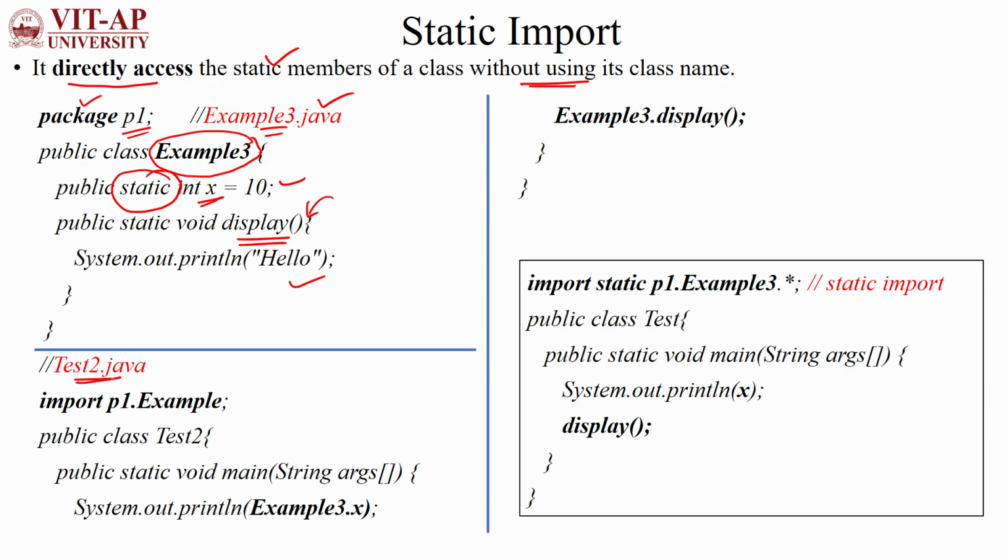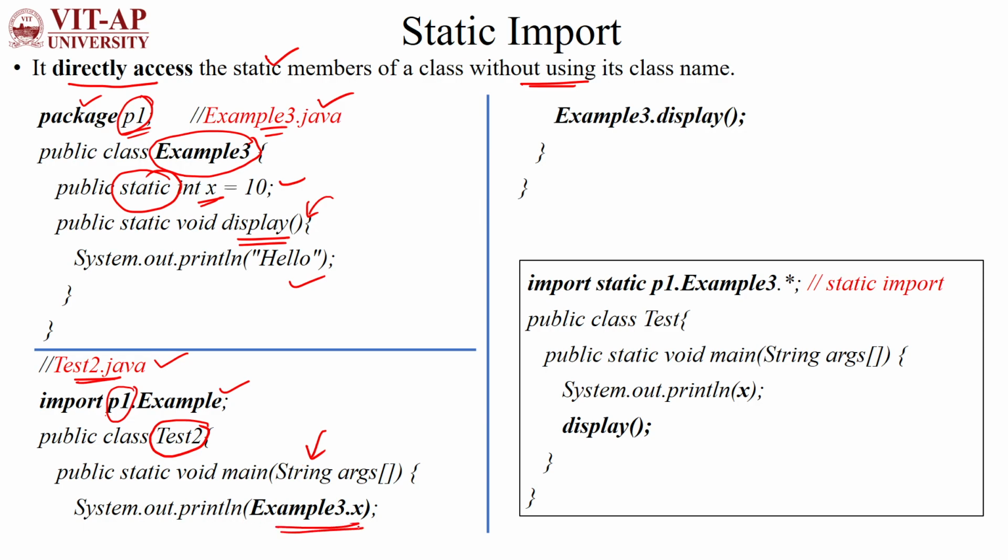Then one more class I'm creating, test2, and the file will be saved as test2.java. Here I'm importing package p1, and the class name is example3. So example3 is imported, and inside that the main method is available.